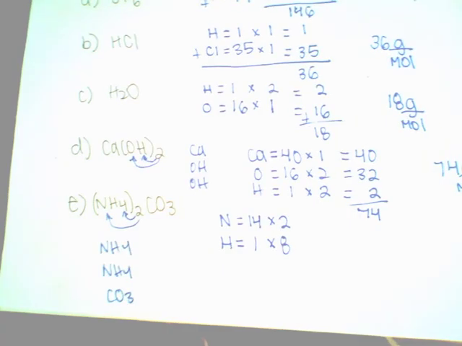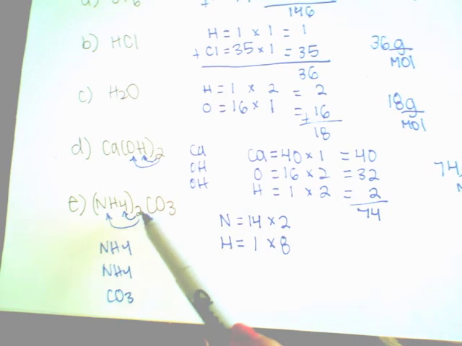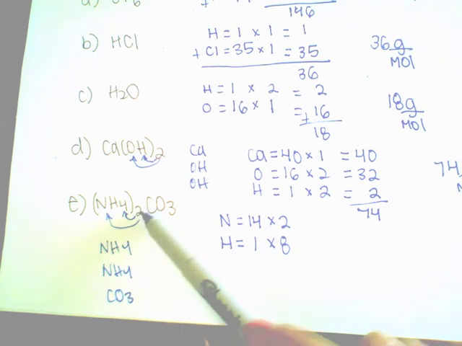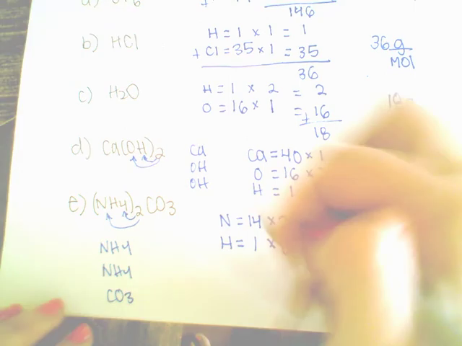Molar mass is 1 times 8 hydrogen. So you can either think about it as multiplying the subscripts, or you can write it out. 4 plus 4 is 8, or 2 times 4 is 8, however you would like to look at it.